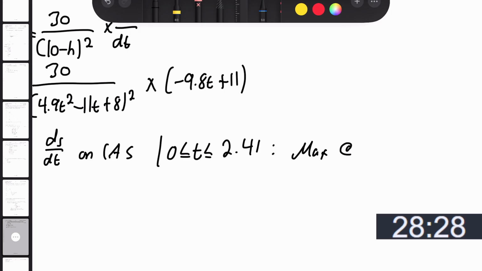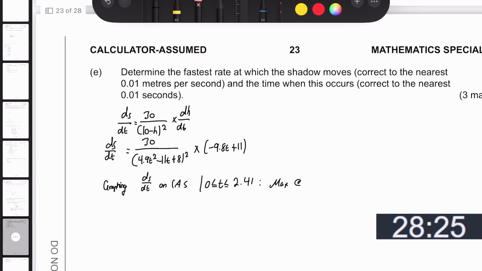Okay, so I go graph a table. This is going to be really ugly to graph. 30 times negative 9.8x plus 11, all on 4.9x squared minus 11x plus 8 squared.